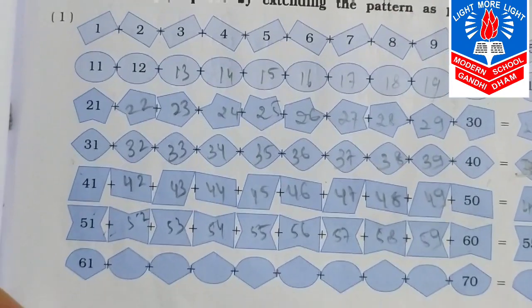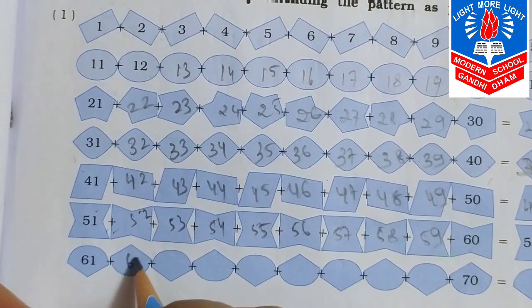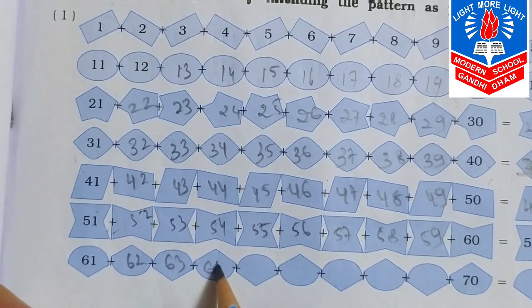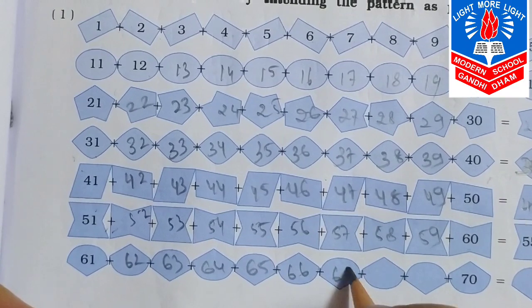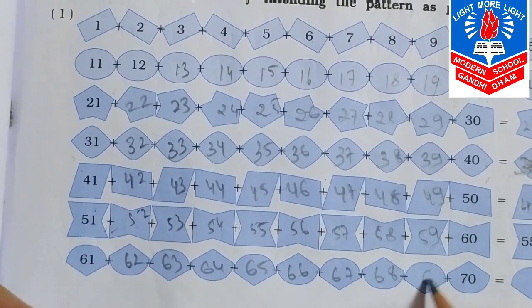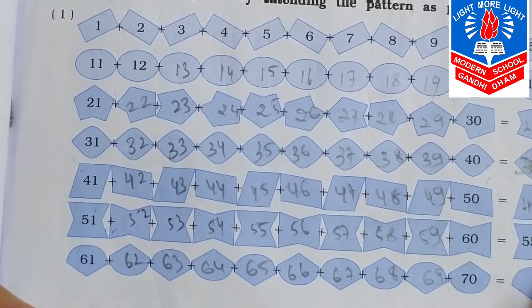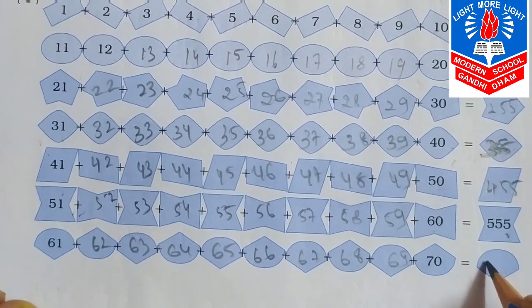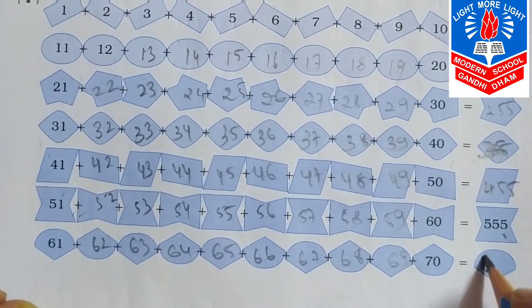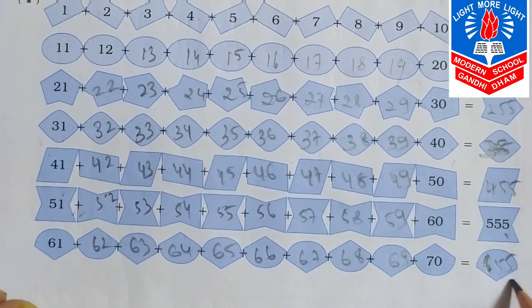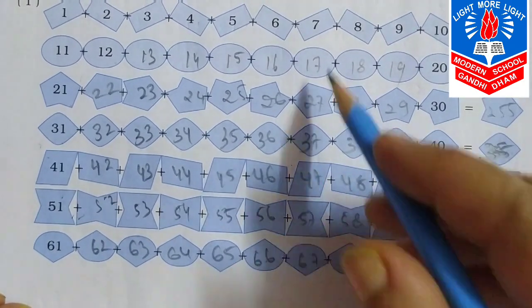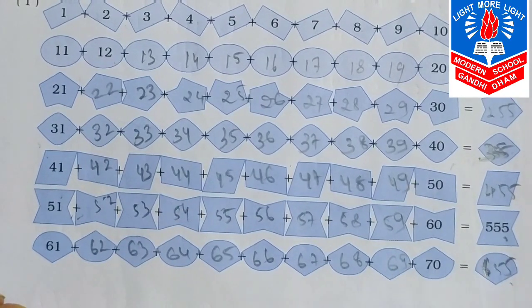Okay, then here 61 62 63 64 65 66 67 68 69 plus 70, then here the last one is 655. In this pattern we follow and we solve all the sums.